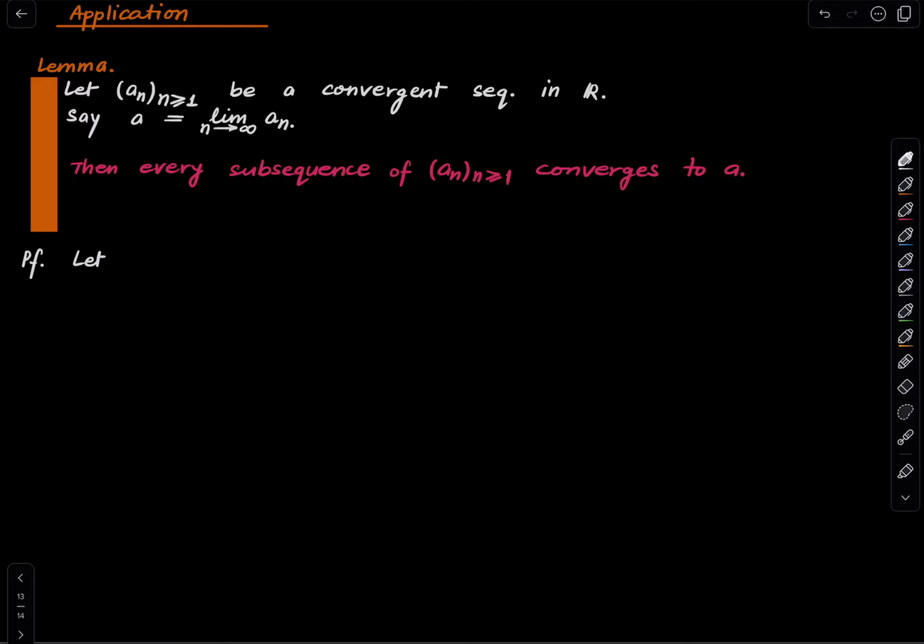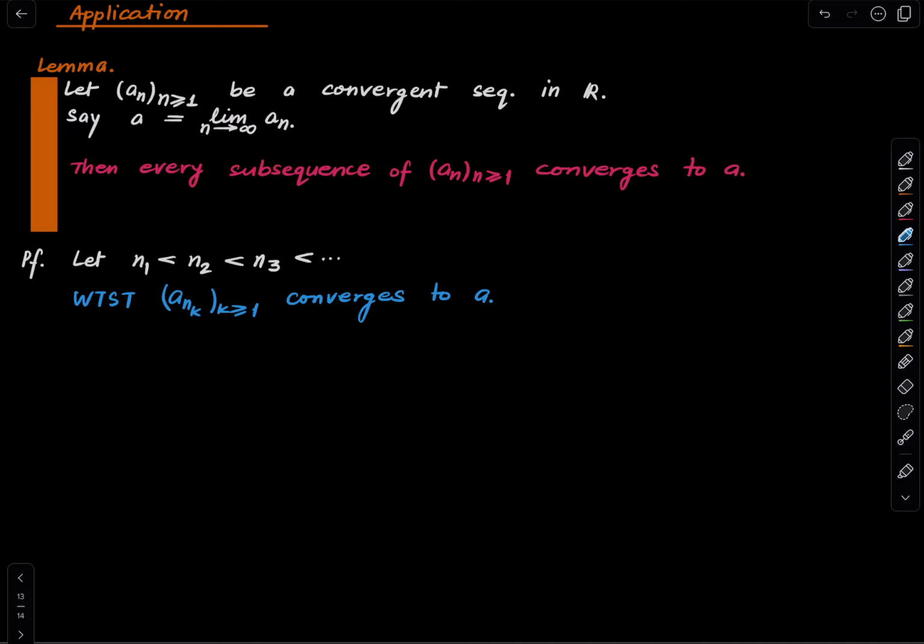So to pick a subsequence, we will pick a strictly increasing sequence of naturals, n_k. I'm not writing the full statement. What do we want to do? We want to show that this subsequence converges to A. Right?